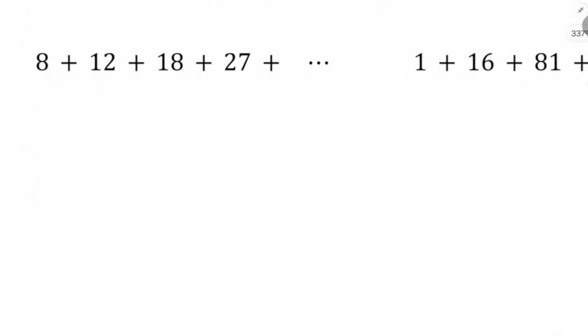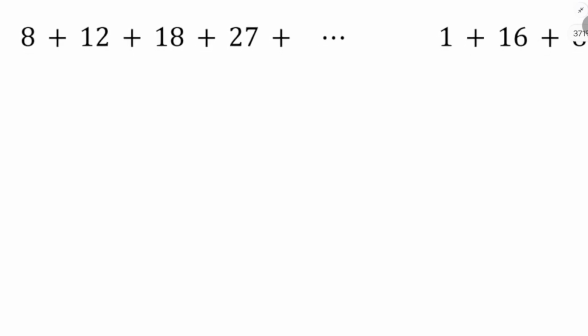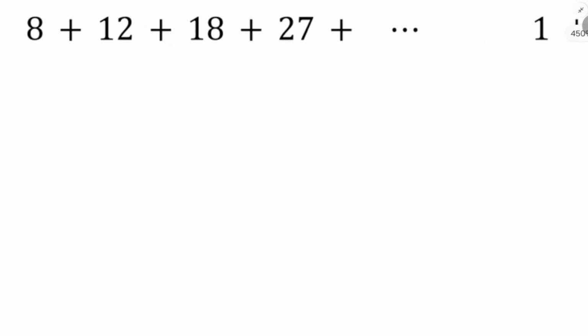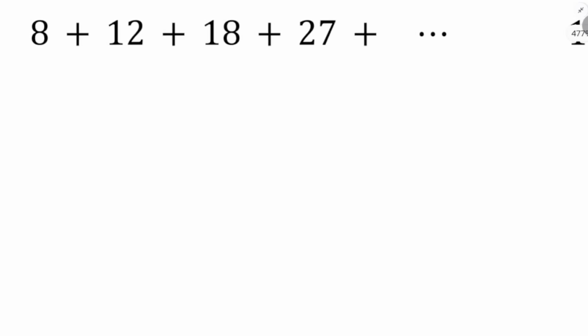So, 8, 12, 18, 27. That's going to be an exponential pattern, because we start at 8 and each time we multiply by 1.5.